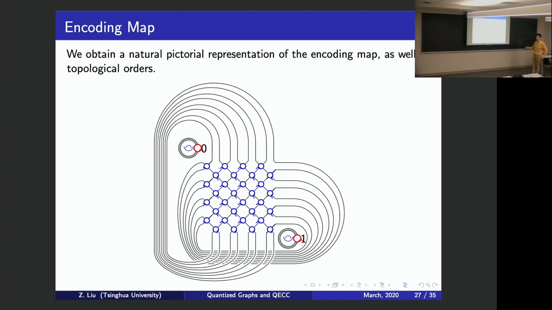Here, since we have 2 non-trivial cycles, we can add another genus here and an input here, and that is the 2 logical qubits. And this map itself is the encoding map of the toric code. So it's not just defined by the stabilizers. Actually, we can define an isometry from the 2 logical qubits to the 2n squared physical qubits, and this is the encoding map. And all the properties you want to study can be reformulated on this map.